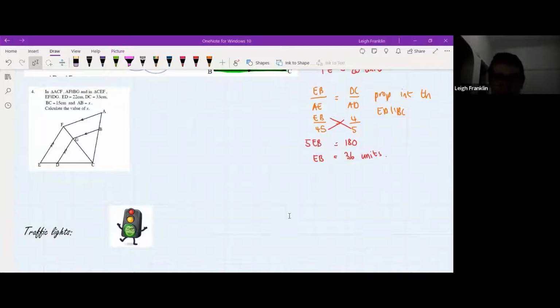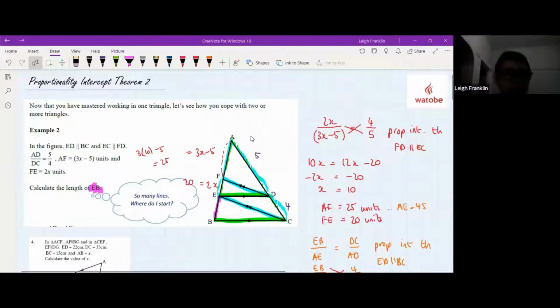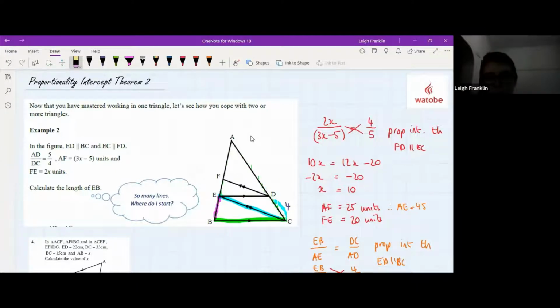All right, so let's do that. Let's go back up here. So it does start to get a little bit more complicated. What I'm going to do is just get rid of all of this color so that we can start this problem afresh. So just rub all of this out, and then we can start again.